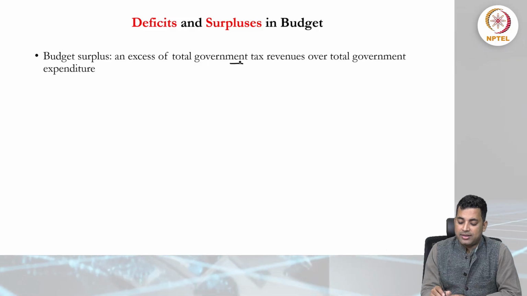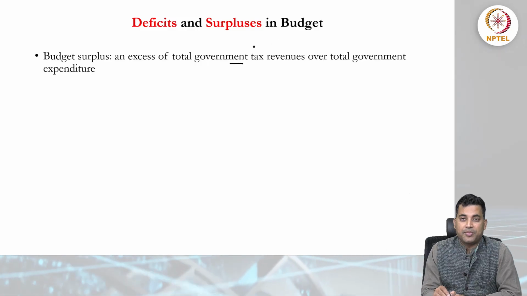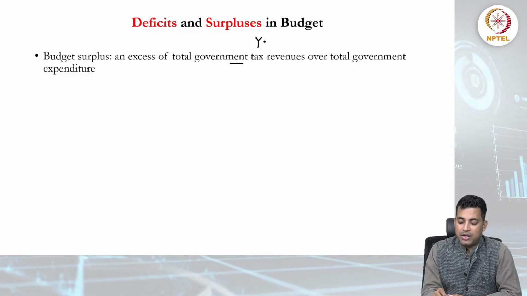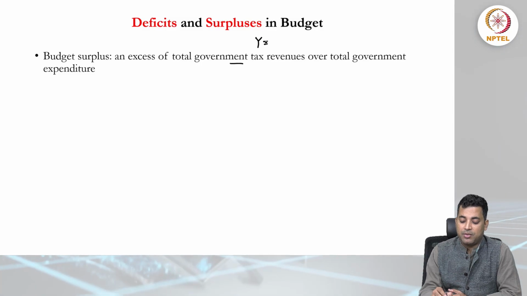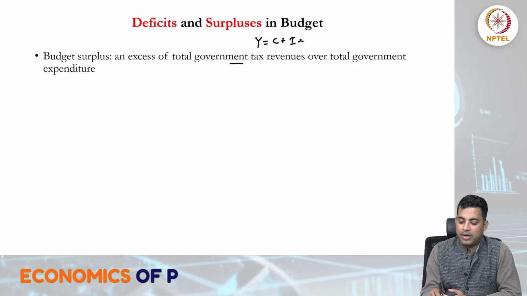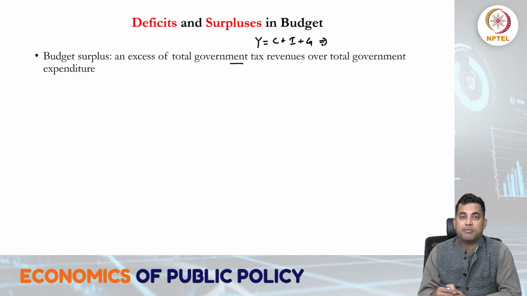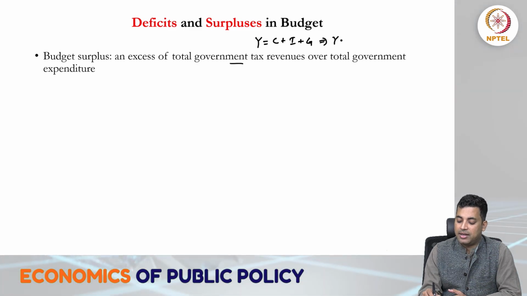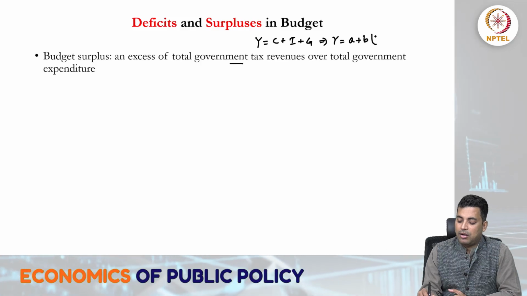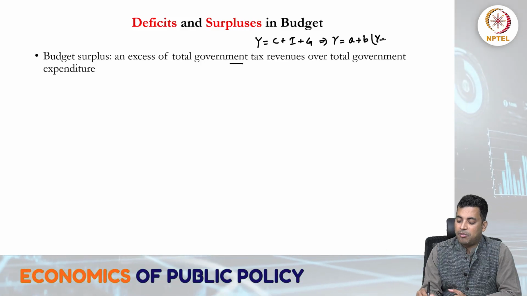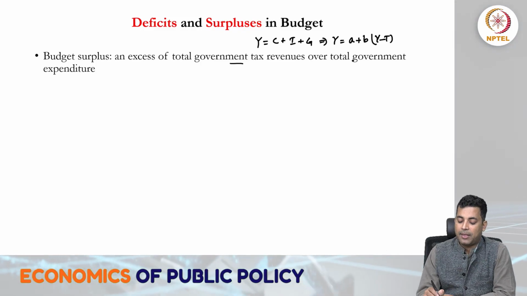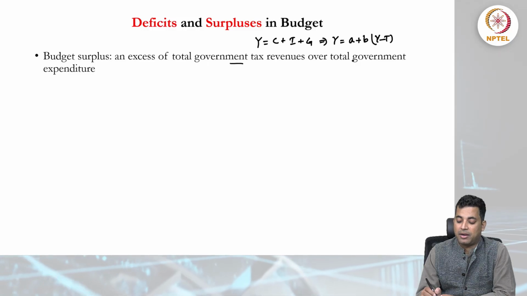If you recollect, in our last discussion we kept our equation like this: C plus I plus G, and then we expanded it, so it was C A plus B (Y minus T), because this B is the consumption multiplier.